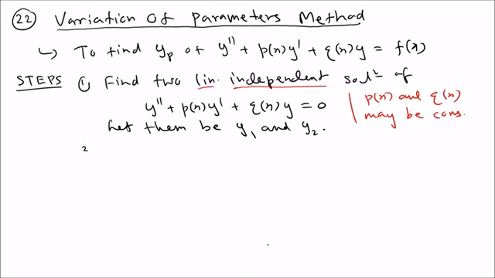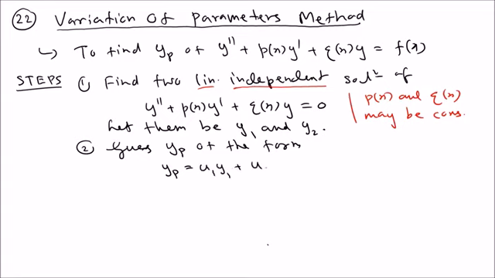Now what we're going to do is guess the solution. It's the extension of the reduction of order. Guess yp of the form yp = u1 y1 + u2 y2.